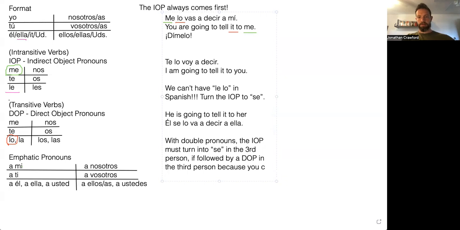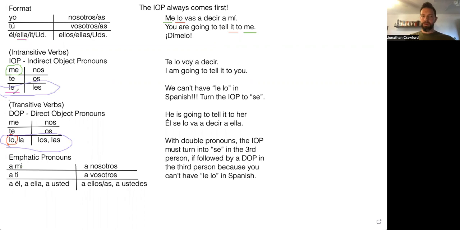Because you can't have le lo in Spanish. So notice that I put it's the third person. That's where this happens, because this right here is the third person, and this is the third person.